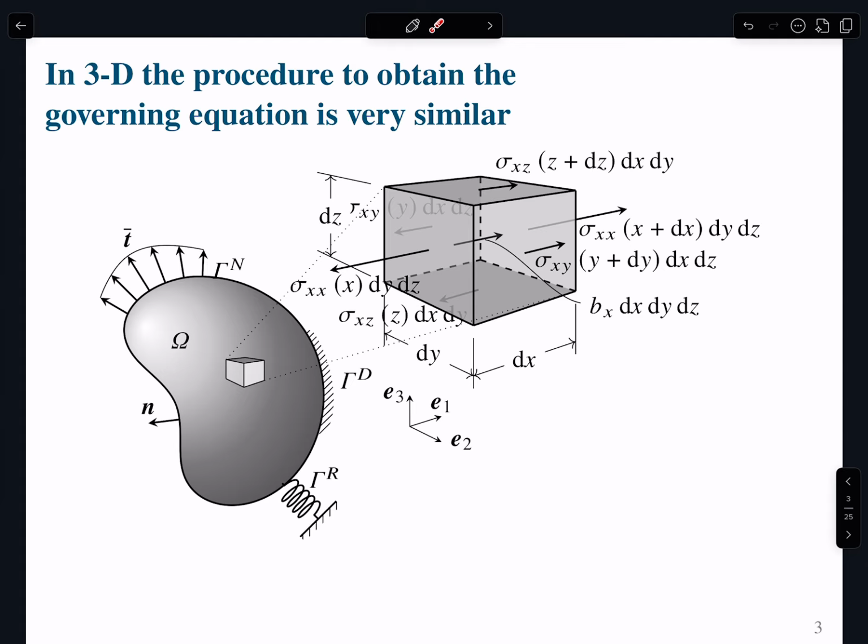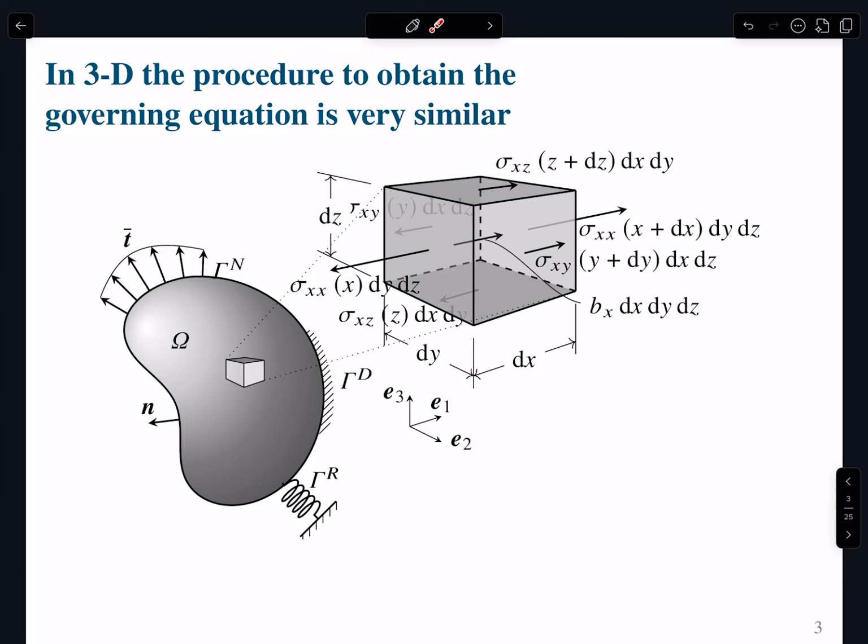This is going to become important because at some point we are going to apply the divergence theorem, where the idea is to transform an integral over a volume to an integral over the boundary, where our natural boundary conditions are going to show up. Okay, all right, so let's look at equilibrium. If I take an infinitesimal volume of dimension dx, dy, dz, and look at all the forces acting on that infinitesimal volume, you will see that this force here is sigma xx.